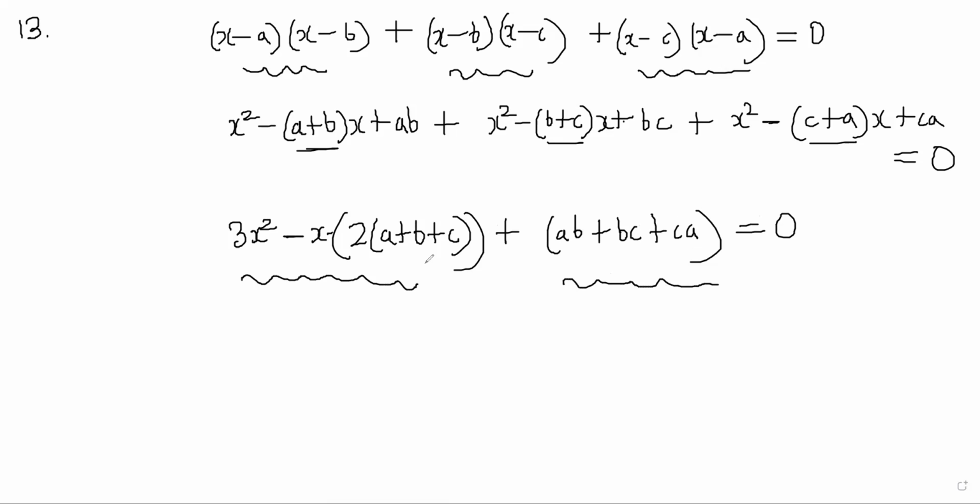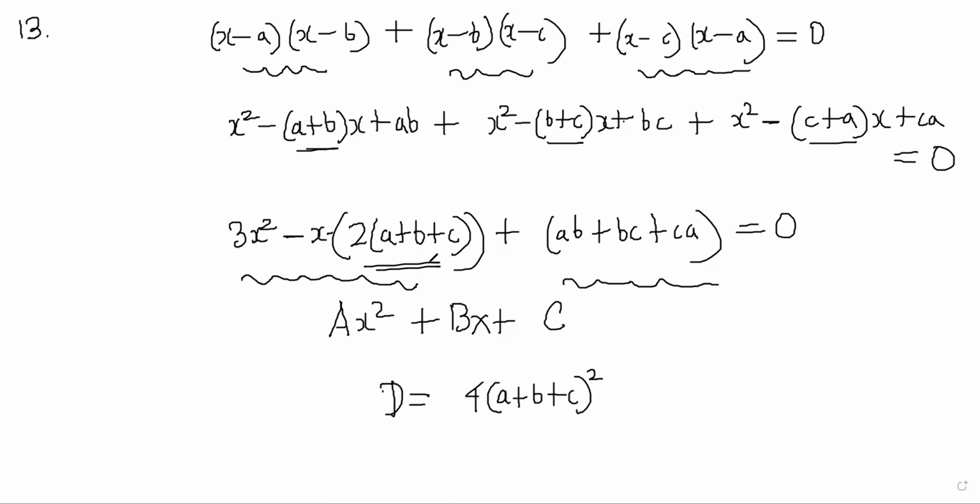Now the equation is in the correct form. Let's look at the discriminant of this, because the discriminant will give us some idea. The discriminant of this equation will be 4 times a plus b plus c whole square, where I'm squaring this term, minus 4 times 3 times ab plus bc plus ca, that is 12 times ab plus bc plus ca.